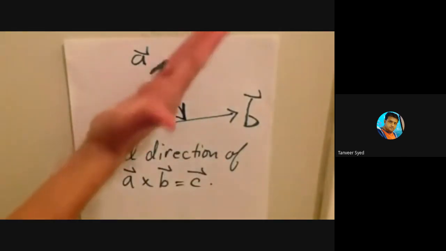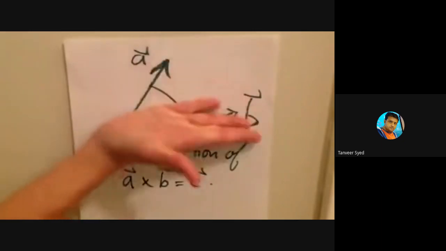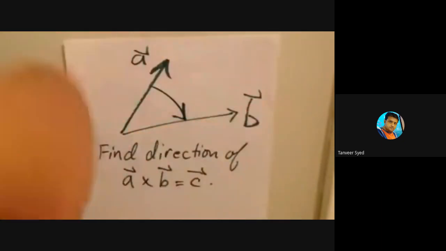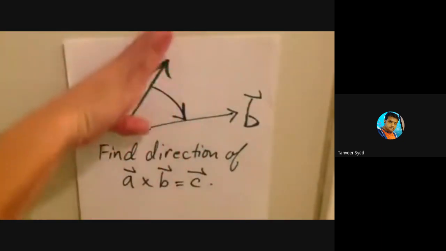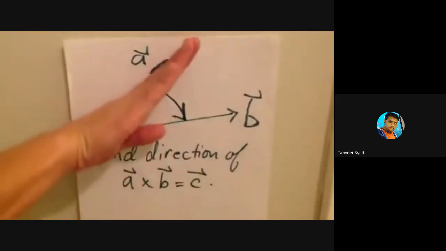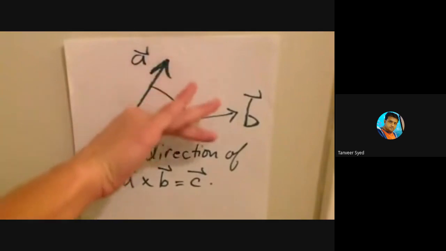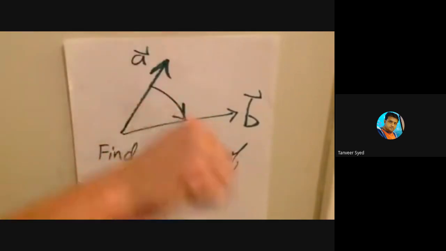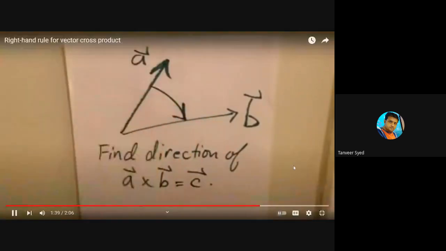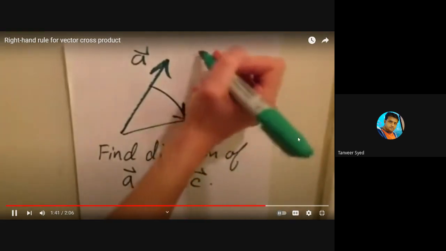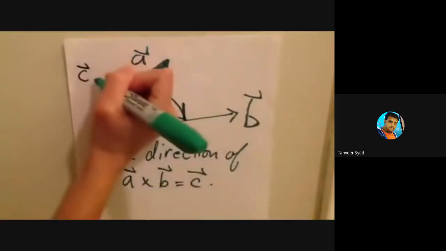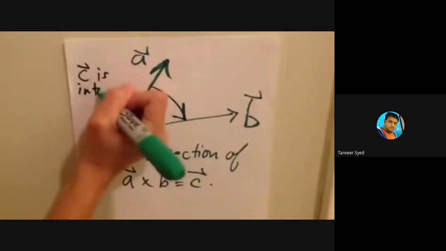If you do it this way, it's the wrong way, right? You'd have to swing all the way the long way around. If you want to just simply fold A into B, the way to do that is to put your fingers this way, then you can curl them down this way. Notice when you do that, your thumb is pointing into the page. So therefore the answer is that C is into the page.